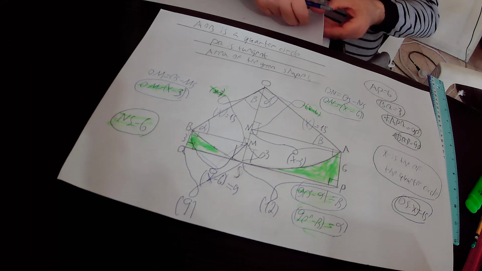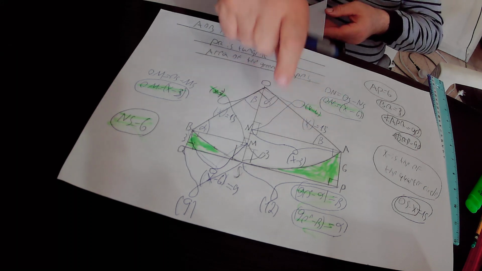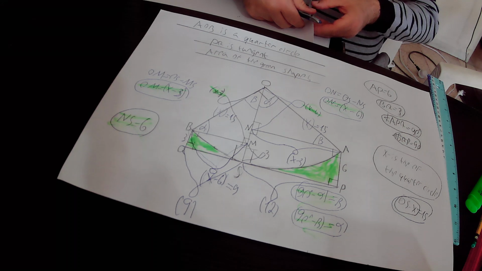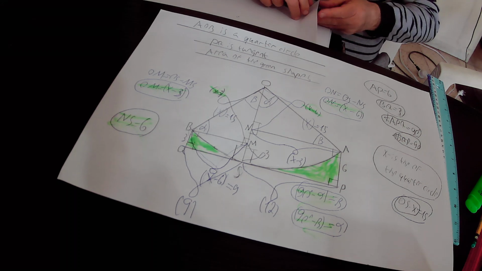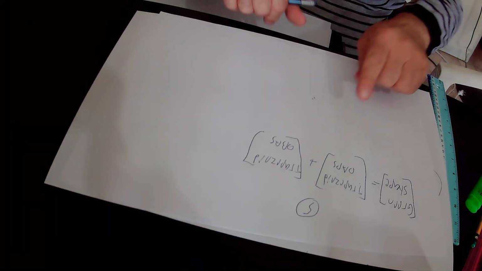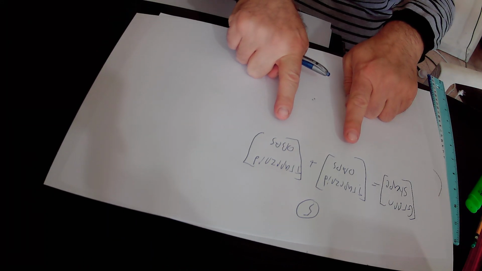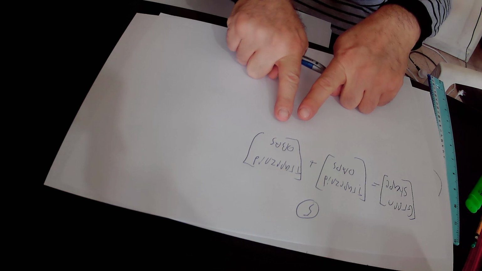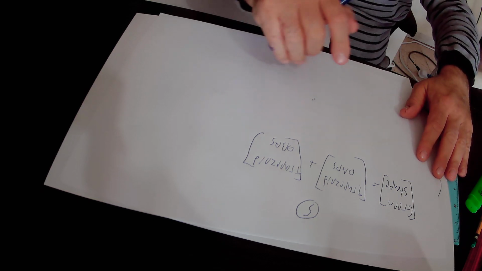So the area of this whole shape is equal to the sum of the areas of trapezoid OAPS plus the area of trapezoid OBQS.